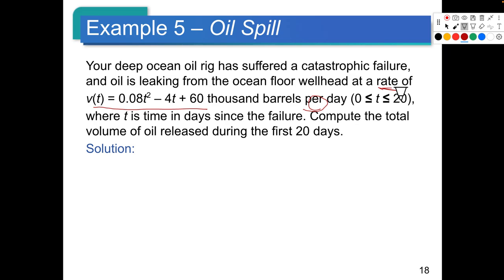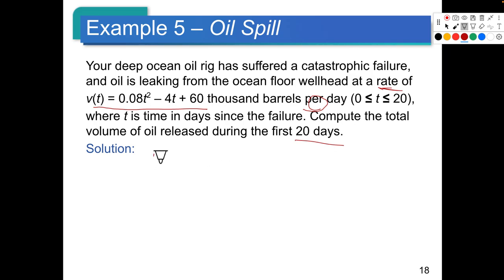So if we're starting with a derivative, what are we going to try to get? Most likely an antiderivative. They tell us t goes from 0 to 20, where t is time in days, and then they compute the total volume of oil released during the first 20 days. Now again, we did this in an earlier lecture. I can't remember which one, but maybe we just found the antiderivative.